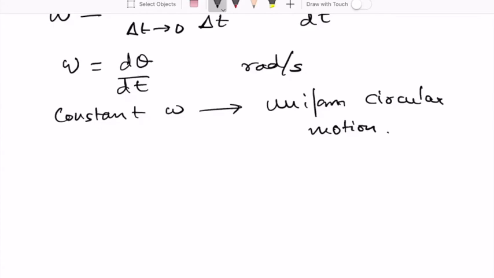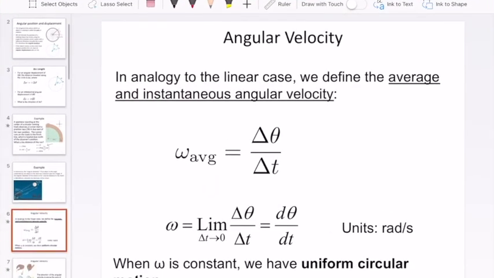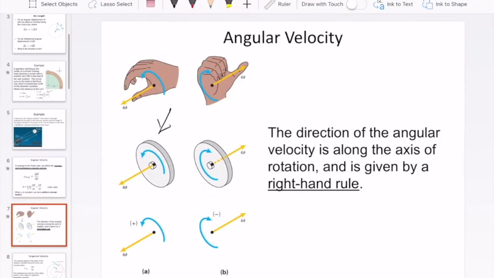So what is the direction of omega? To find the direction of omega, you use the right-hand rule. How does the right-hand rule work?